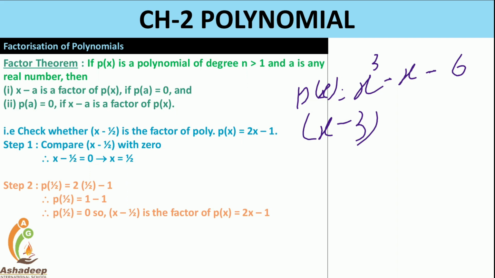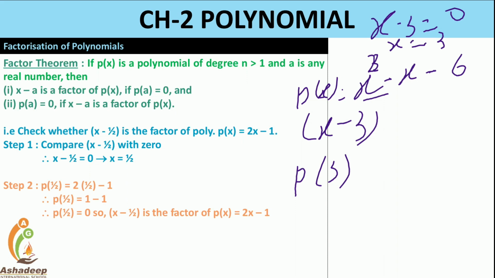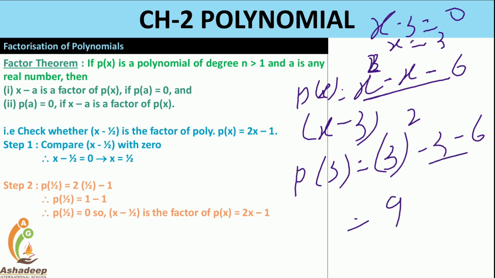So compare x minus 3 with 0, so x equals 3. So we have to put p(3). Here we have to put 3 instead of x. So 3 cube minus 3 minus 6, 27 minus 3 minus 6, is equal to 0.